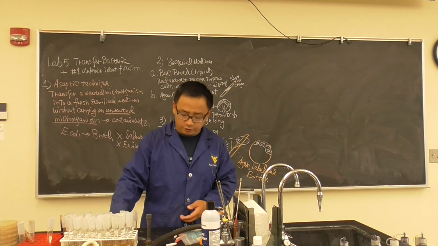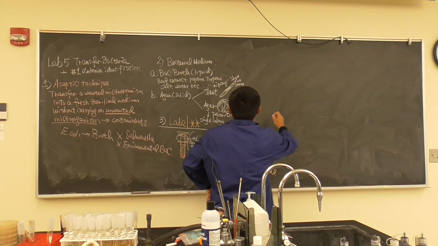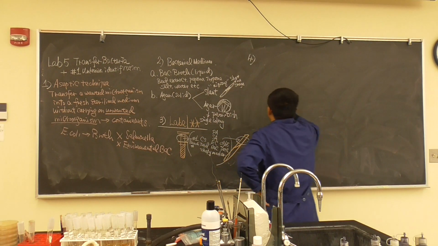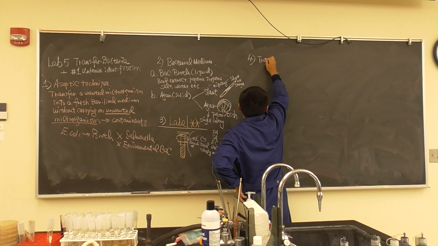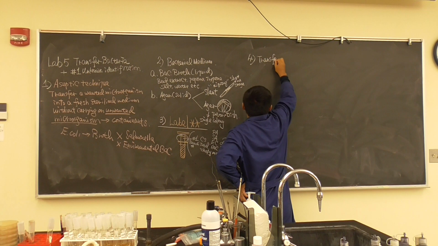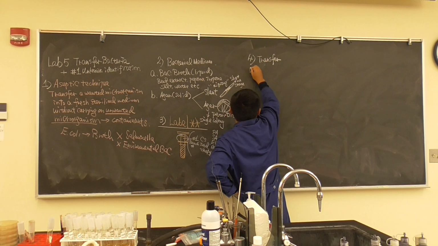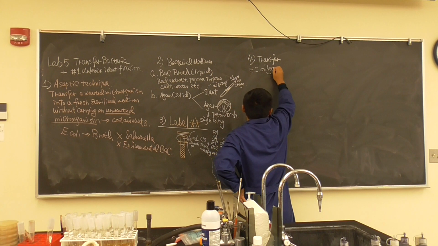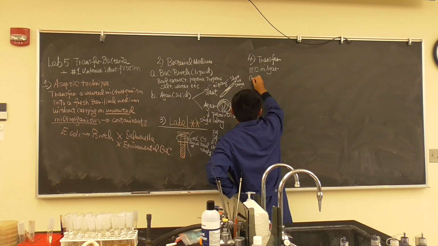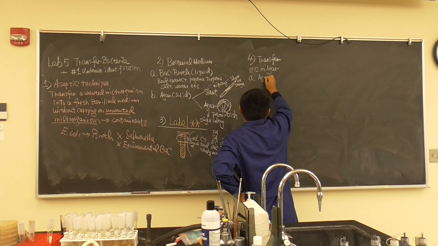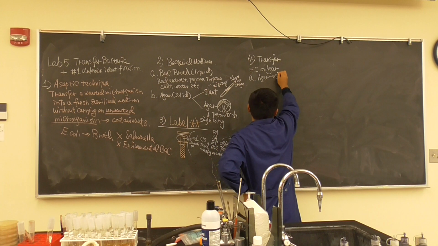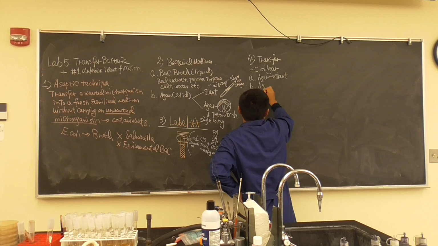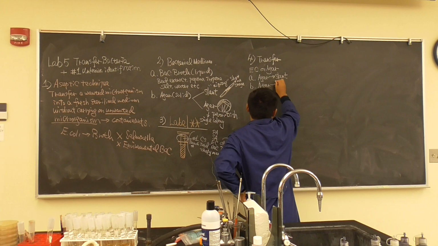Okay, what we're going to do in today's work. Very simple, 2 jobs. We're going to do bacterial transfer. Transfer is from the E. coli on agar. Number 1 is from the agar to slant. Number 2 will be from agar to broth.